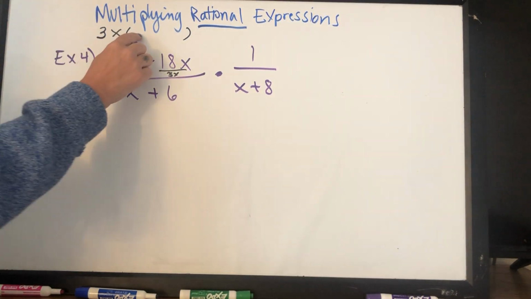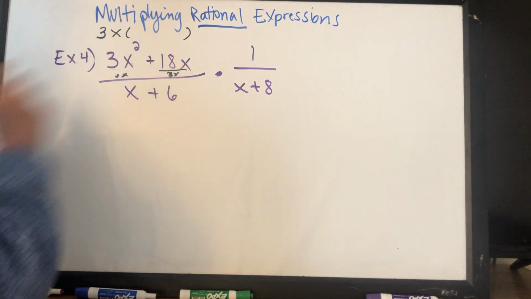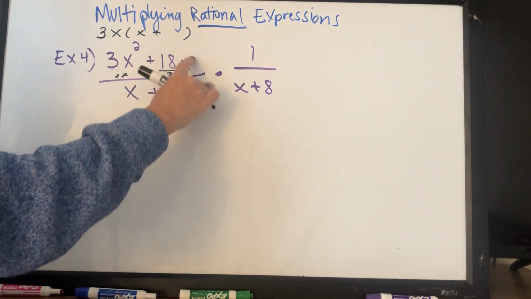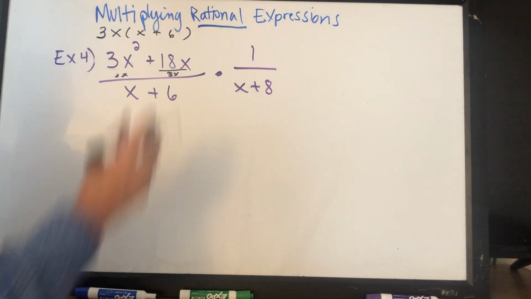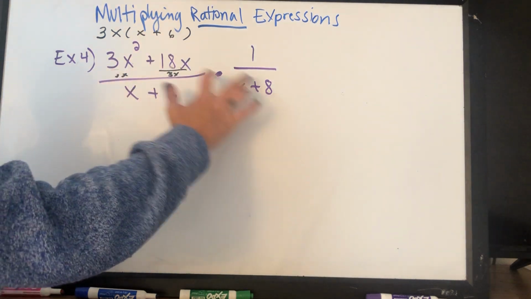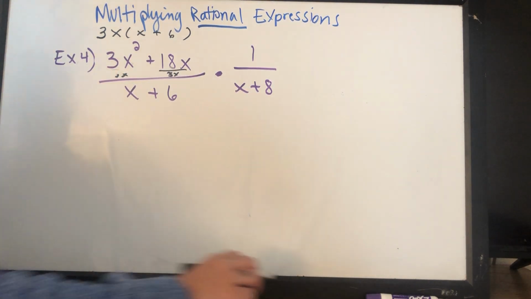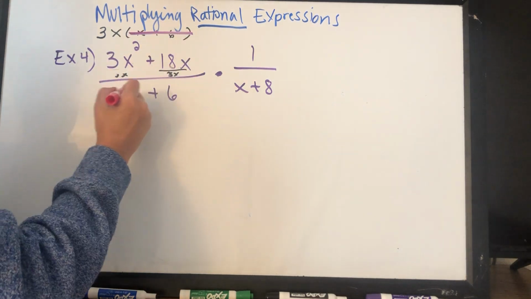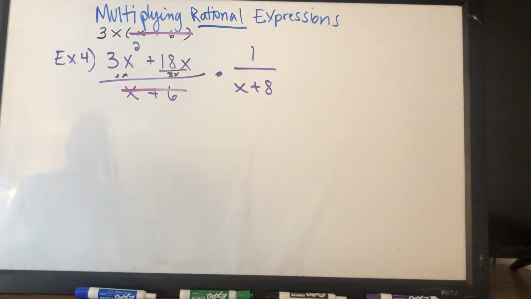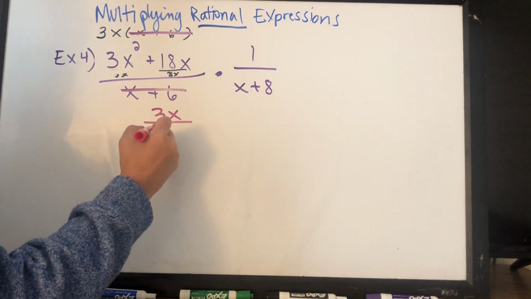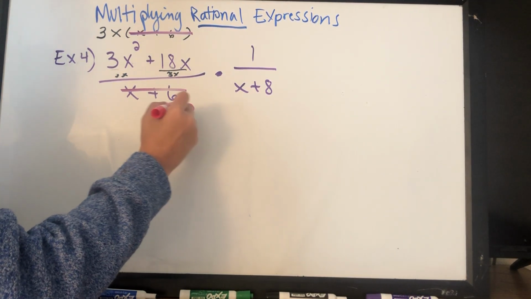But if you pull a 3x out of this, you're going to have an x left. And if you pull a 3x out of that, you're going to have a 6. Again, remember I mentioned it's probably going to match one of these down below, which in this case, it matches the x plus 6. Okay? And we've got a 3x up top and an x plus 8.